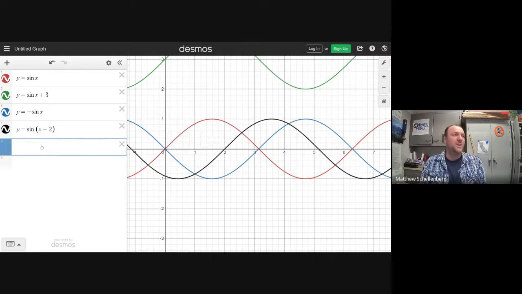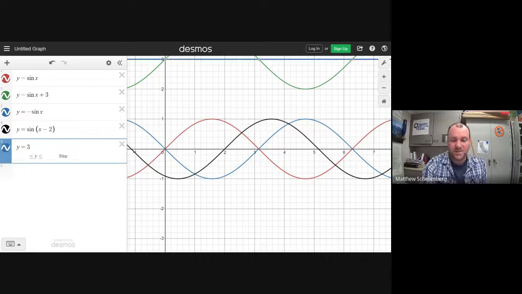And then finally, we're going to do a stretch. How can we stretch the sine function? Well, how about we stretch it by a factor of 3? Just like in the parabola, if you stretch it, you're going to make the a value greater. You're going to make the a value 3. And so all you got to do is put a 3 in front.